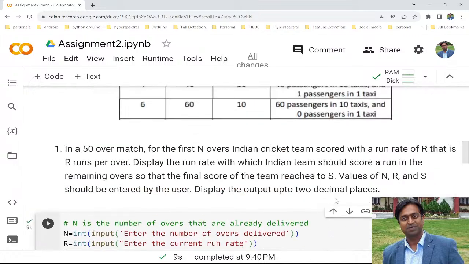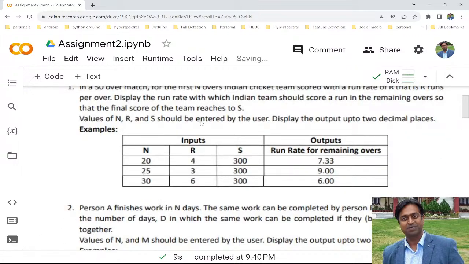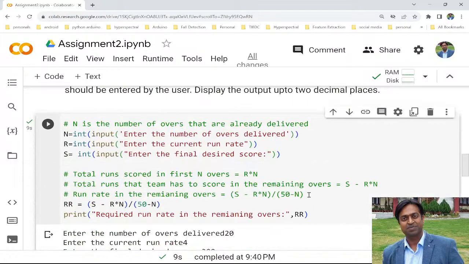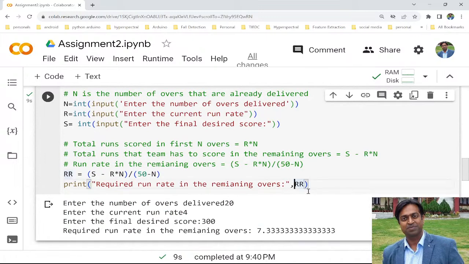But in the question it is given that we need to display the output up to 2 decimal places. So how can we do this? We can do this by using the format command, and over here we will put 0.2f, right?